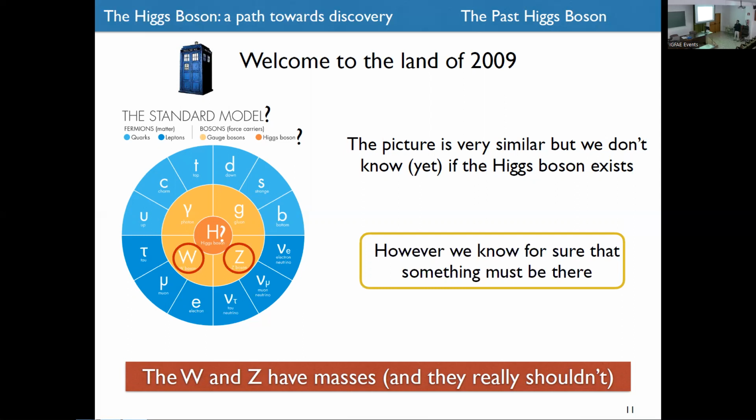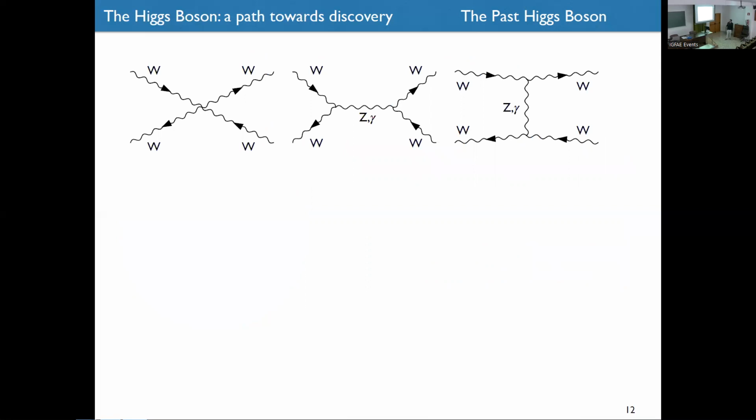Well, they have, so what does it mean, really shouldn't? Well, if you try to calculate the probability of the scattering of two W's into two W's, it's very easy to imagine. It is just two W's that scatter off each other and go into two other W's. You soon realize that when you do this calculation, the probability for this process grows with the energy at which the process is happening.